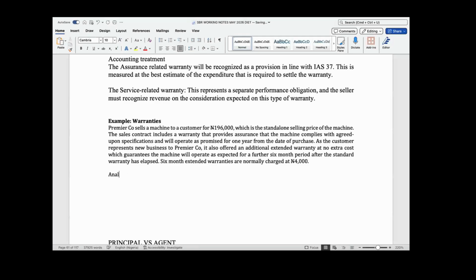I'm supposed to explain the recognition criteria. So from the above scenario, there are two types of warranties present.